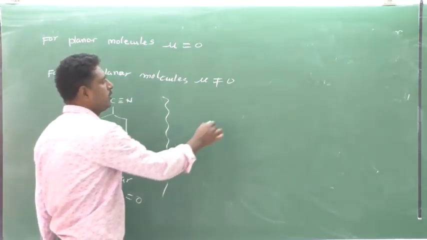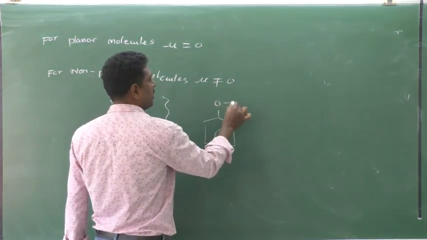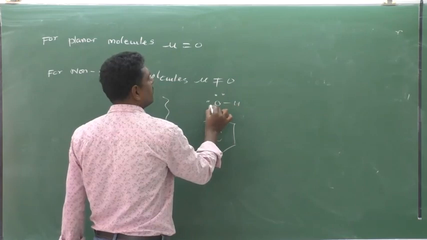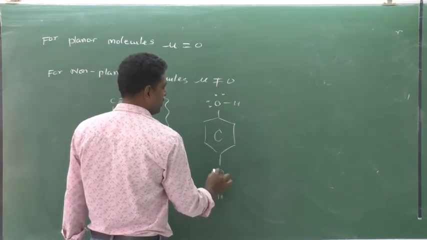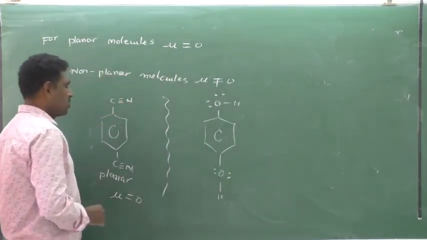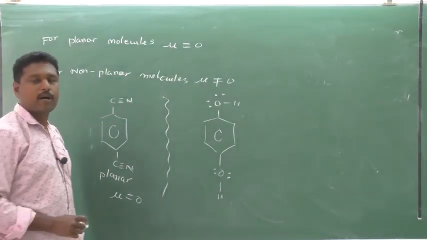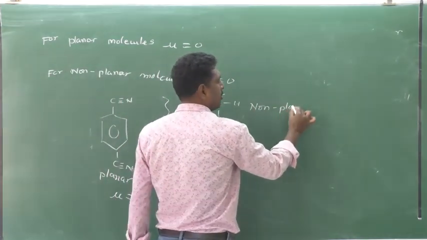For example, dihydroxybenzene: it has a lone pair and also H, and it is non-planar, so it is a non-planar molecule.